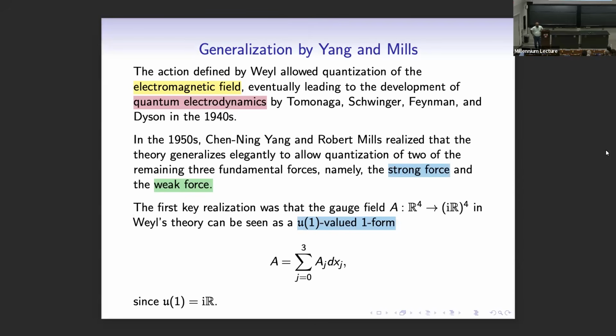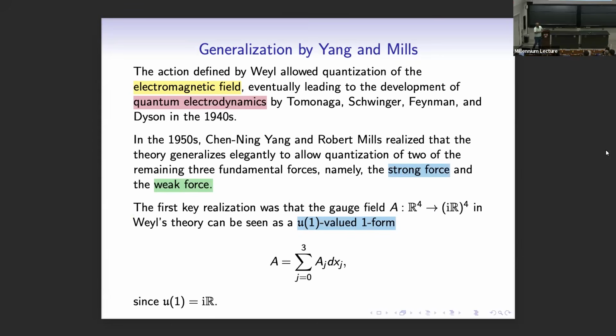The first key realization was that this gauge field that I wrote down, which is a map from R4 to R4, can actually be seen as a u(1)-valued 1-form, where u(1) is the Lie algebra of the group U(1), which is just the imaginary axis.